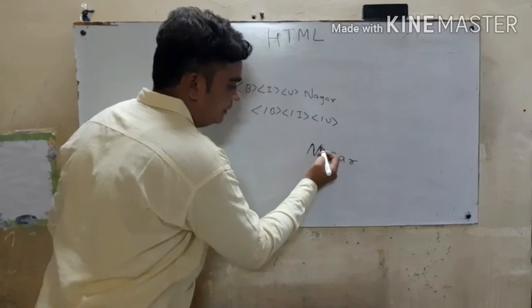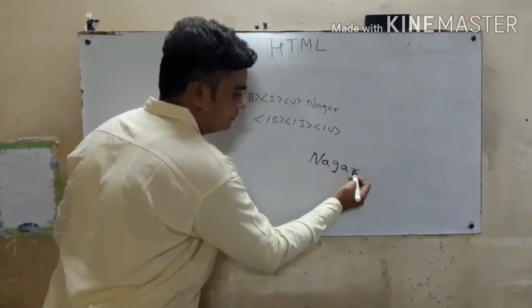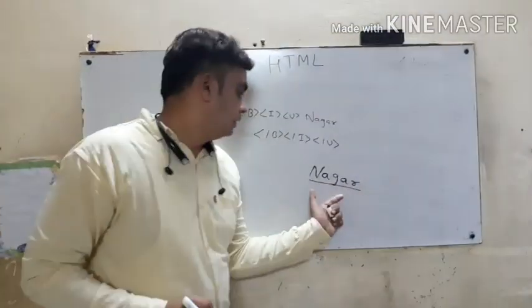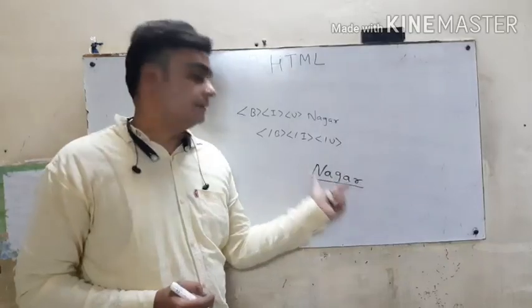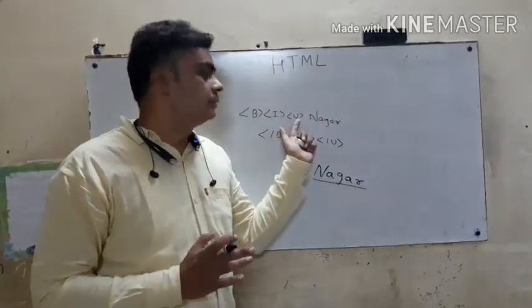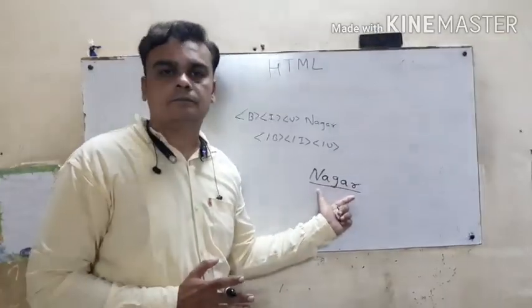Then it will display this darker region, and this is the underline. So it will show you like this, means this text is represented by all these three tags in this format.